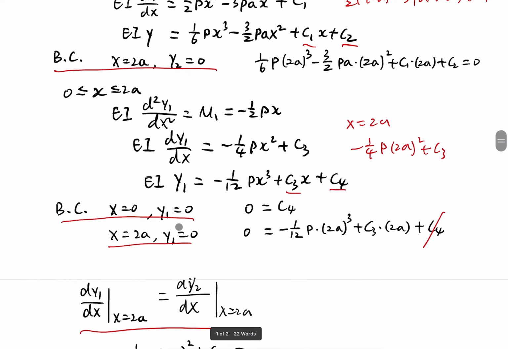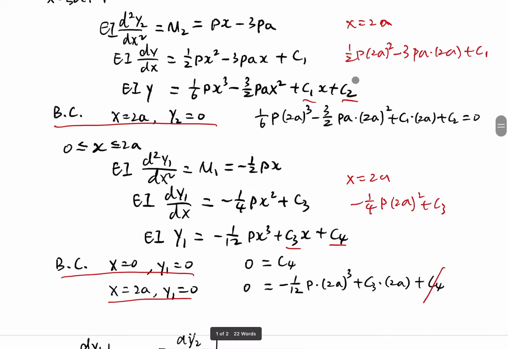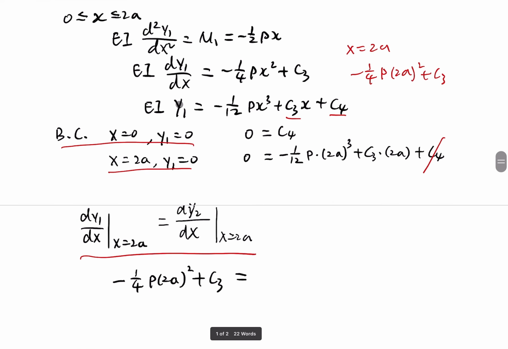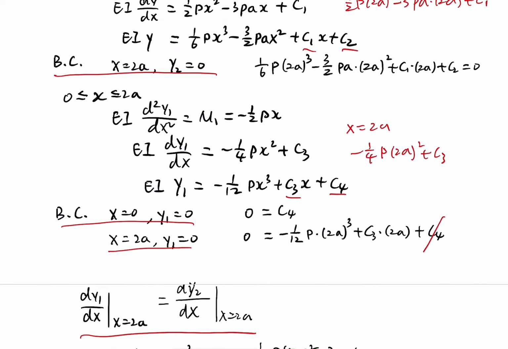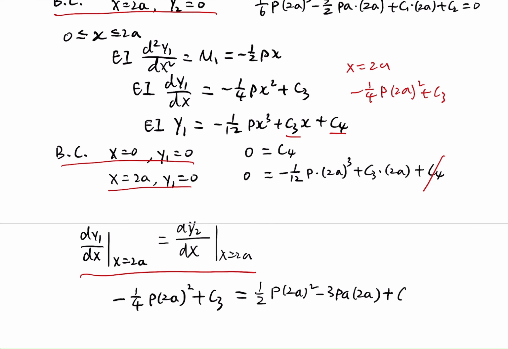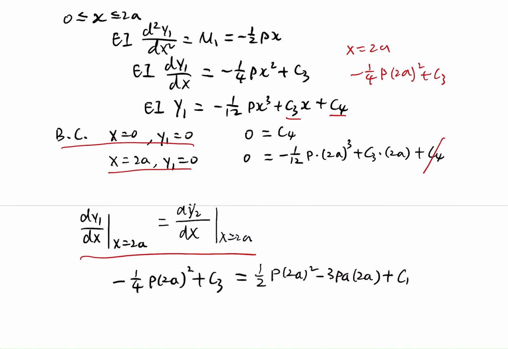If we write this down here, we will have 1 over 2 p 2a squared minus 3 pa times 2a plus c1. We don't consider EI here because the EI are the same.